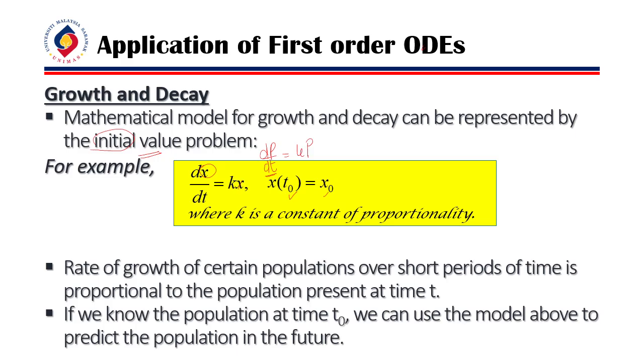So in this formula or equation here, dx/dt is the rate of change of growth and decay.